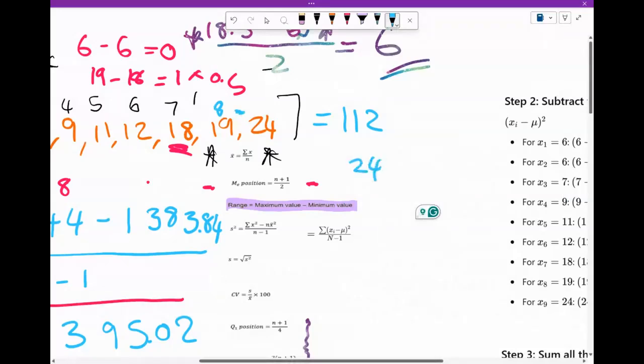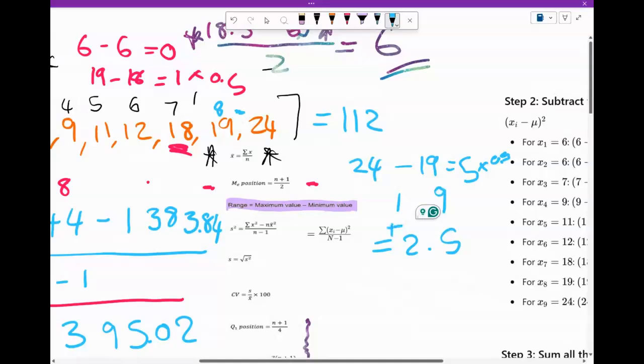So we say 24 minus 19 gives you 5. 5 times 0.5 gives you 2.5. So we're saying 19 plus 2.5.